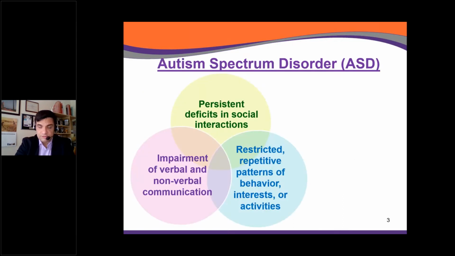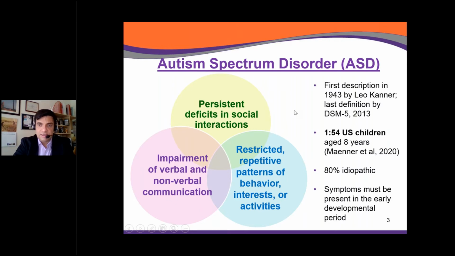And one of these disorders is, in fact, autism spectrum disorder, or ASD. You can see here the three main core symptoms that are necessary to make the diagnosis of ASD, and they involve deficits in social interactions, impairment in communication, both verbal and nonverbal, but also restricted repetitive patterns of behavior, activities, interest, and so on.